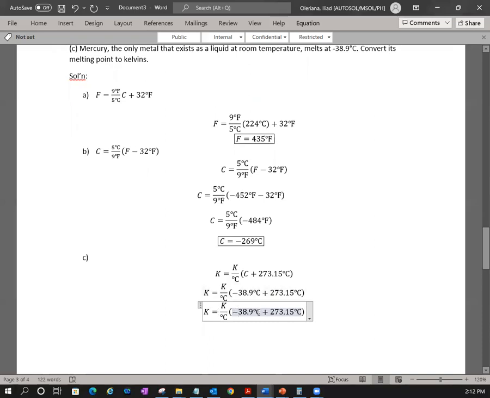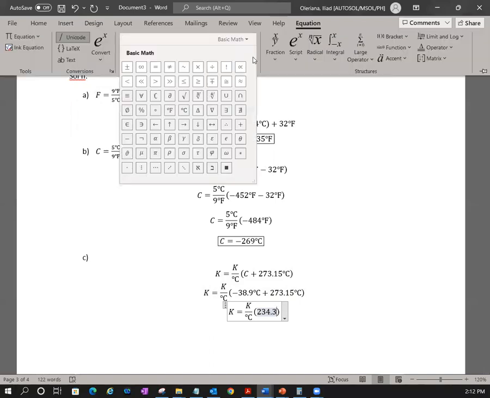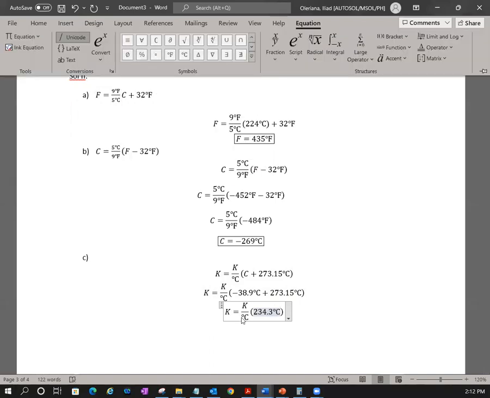Okay. So, yung magiging sagot dapat dito is, pag kinumpute mo is 234.3. And that is in degrees Celsius. Kasi nandyan pa rin yung factor na ano. So, equation, degrees Celsius. So, magka-cancel out yung degrees Celsius here.